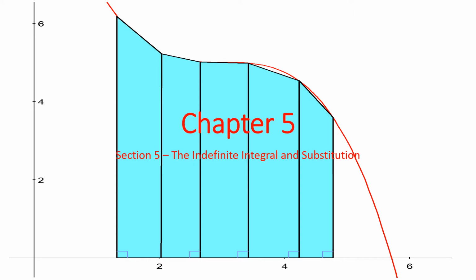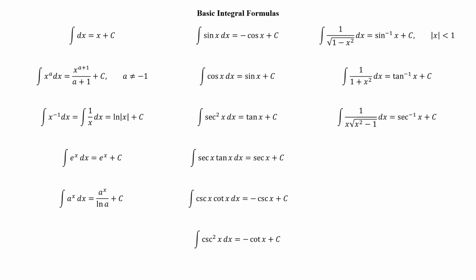And so the first thing we're going to look at is we have a lot of integral formulas, and they're just backwards from the derivatives that we've taken. Some of them we've seen. We've seen the integral of a constant. We've seen the backwards power rule.